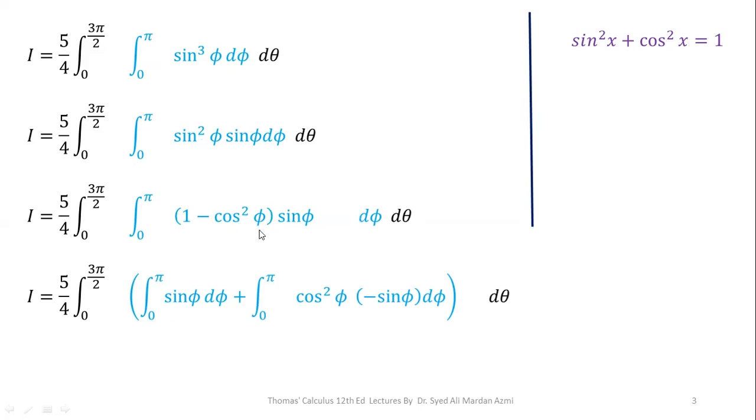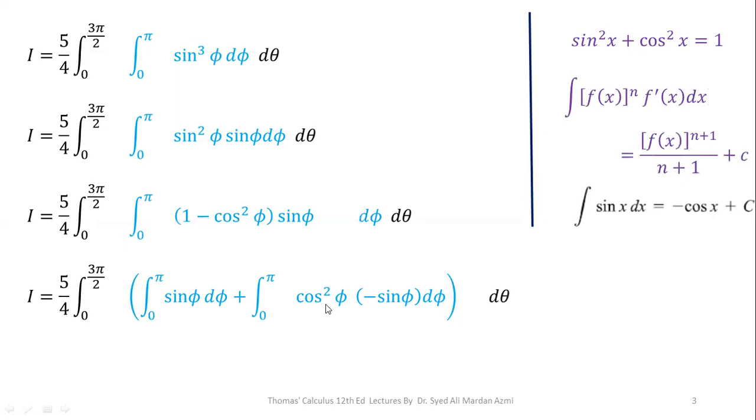I have taken this negative sign with this sine of phi so that I can have the derivative of cos phi as minus sine phi here. And I can apply this formula: if you have a function with some power and the derivative of the function is available as a multiplier, you can integrate it by adding 1 to the power of the function and dividing by the same number. So here we have cos square of phi and the derivative of cos, minus sine of phi, is available here. We can apply this formula here.